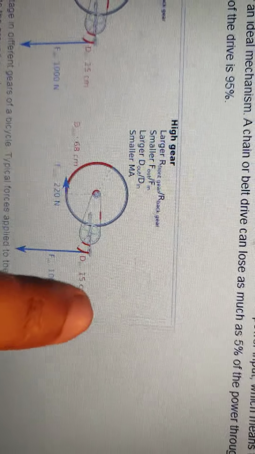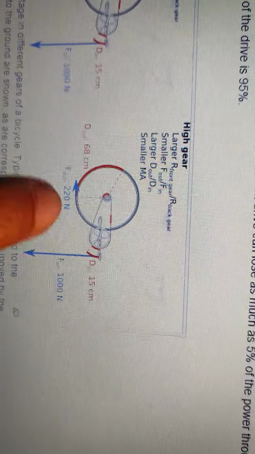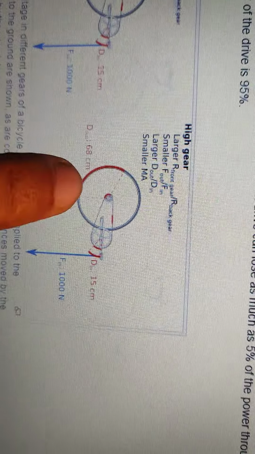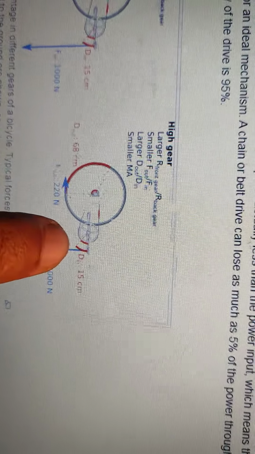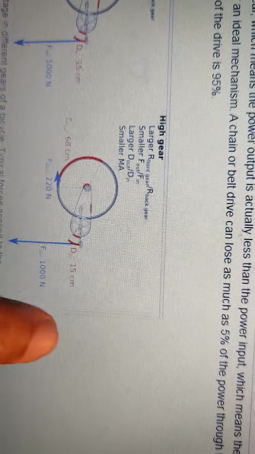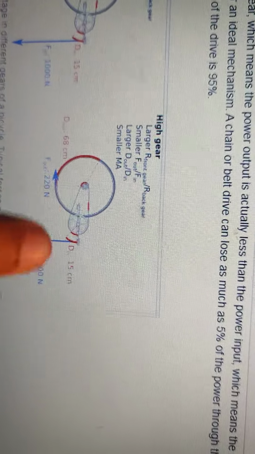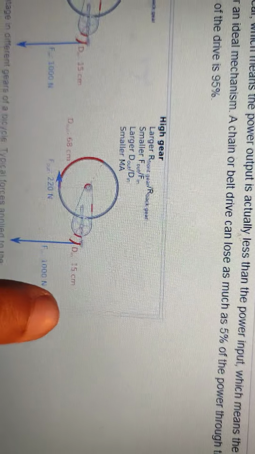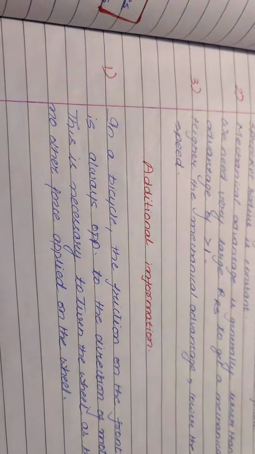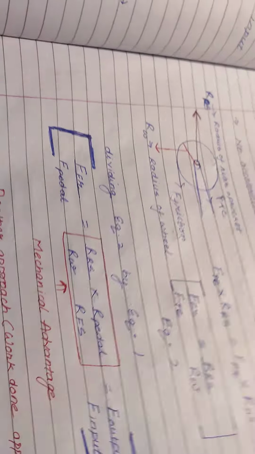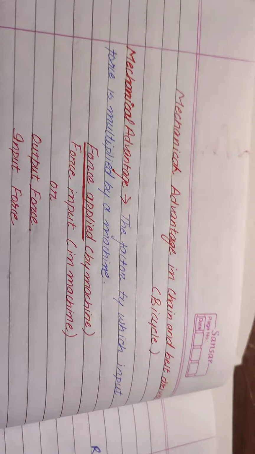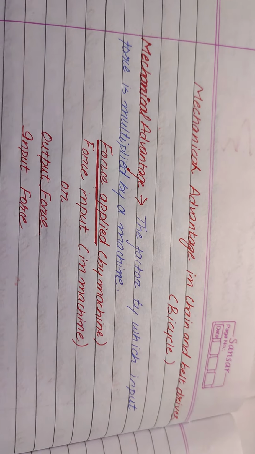And if the bicycle is moving forward, the friction has to act in this opposite direction, otherwise the wheel is not going to turn in the right direction. So if a bicycle is moving forward, the friction on the front wheel is acting backwards. Okay, so this is it as far as mechanical advantage and our discussion on mechanical advantage in chain and belt drives is concerned.